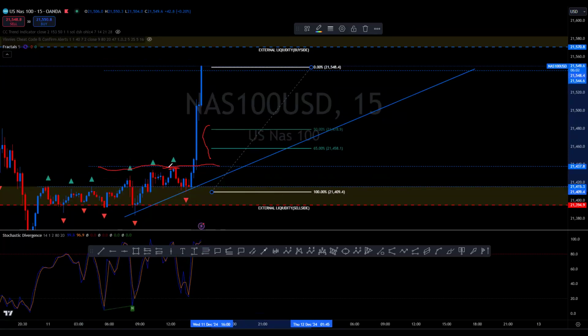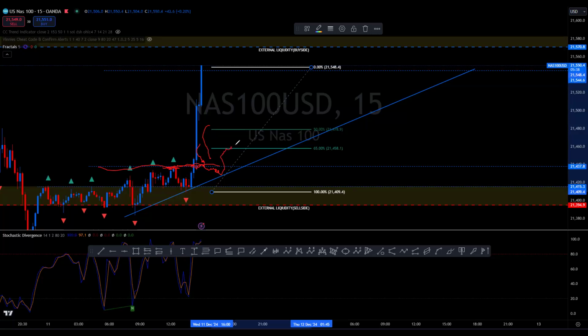When we look at this level here, that's what we're looking at. We're looking for price to liquidity sweep right around this area.